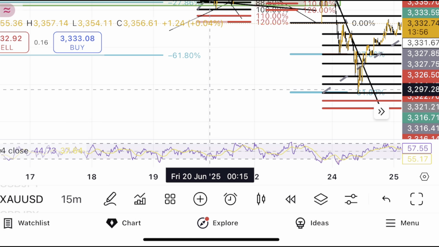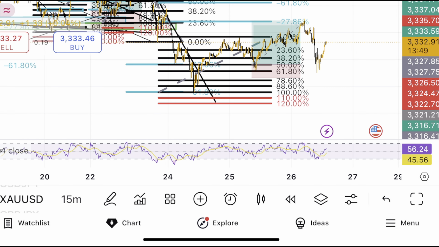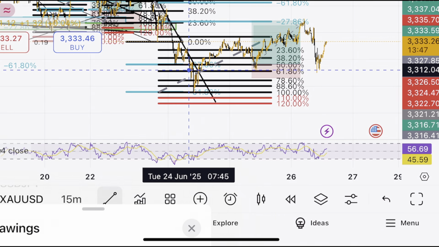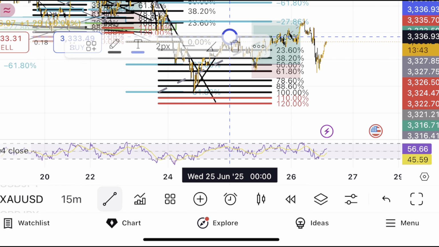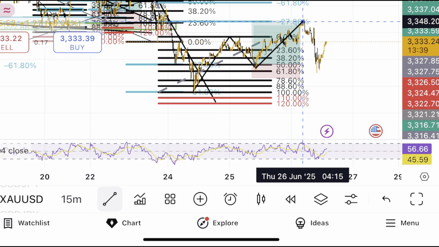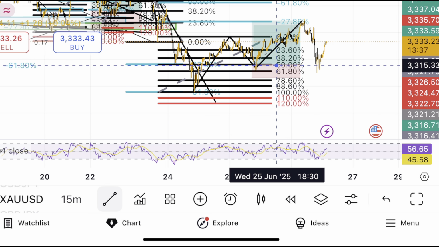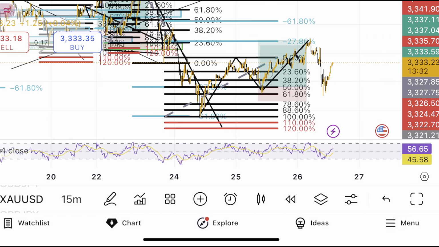No, we got to wait for an impulse, correction, and a continuation. And that's exactly what price gave us right here at the negative 61.8. Price gave us a beautiful impulse followed by a correction, and then we got the get money phase, also the impulse, or in other words, the continuation.